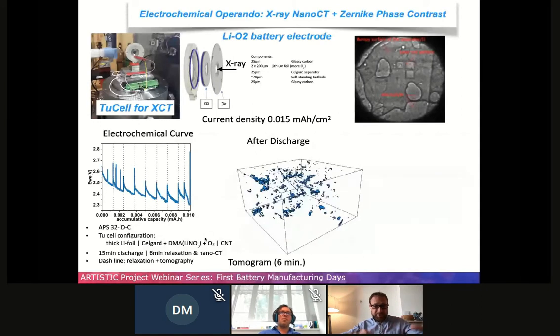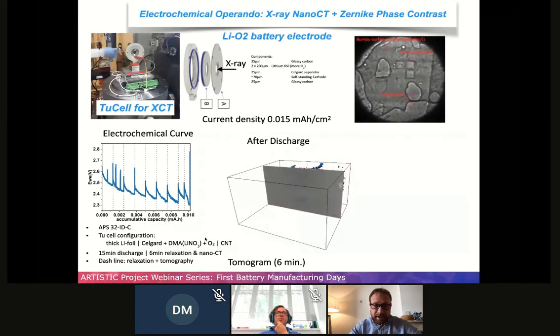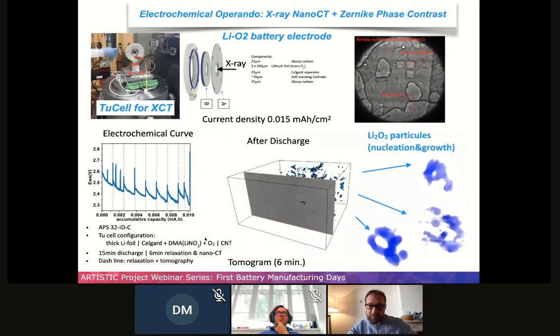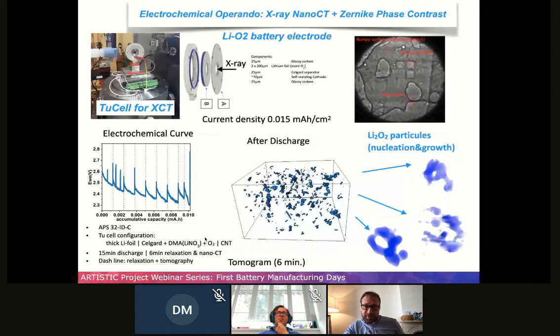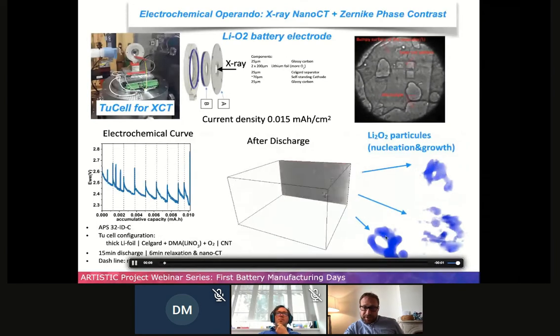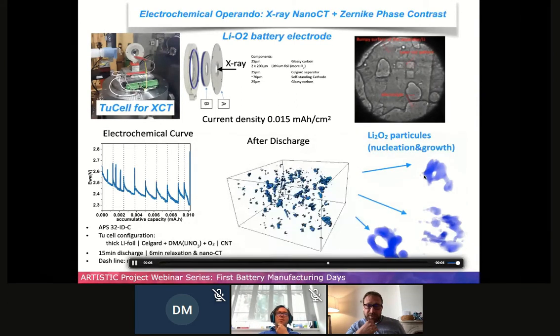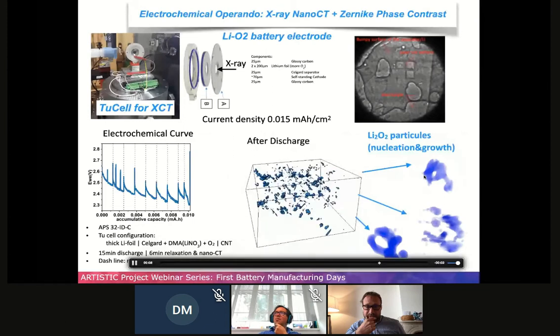We have dispersion of these particles in a volume, and when we focus on these particles, you can recognize the kind of donut shape, which is something very common in these materials when you study them by SEM, for example.